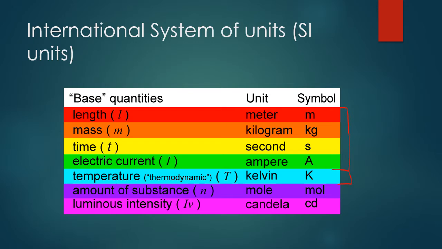For the amount of a substance, this will apply when we talk about chemistry. The units that we will use to talk about an amount of a substance will be the moles, M-O-L. Luminous intensity is probably the only unit of measurement that we'll not cover in this course that is included on this table.